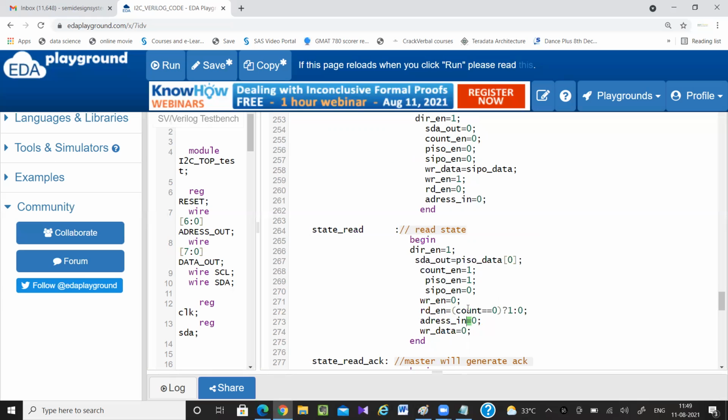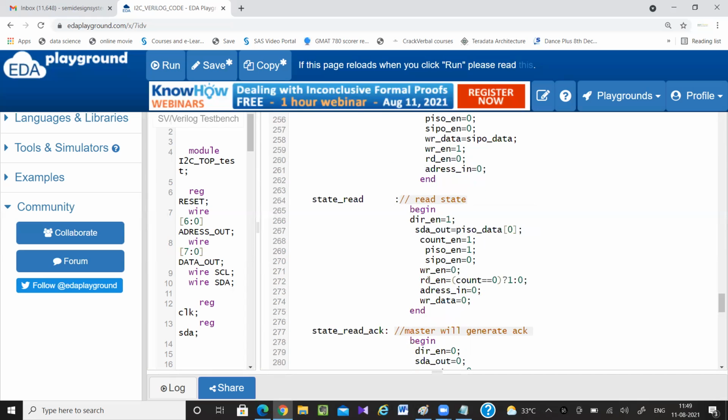Now just go through it once. If at any point you are not able to understand, you can ask me. Now here the read enable signal. If my count is equal to 0, then read enable signal is equal to 1. That means I can read. Count will start from 0, so if it is 0, then read enable will be 1.